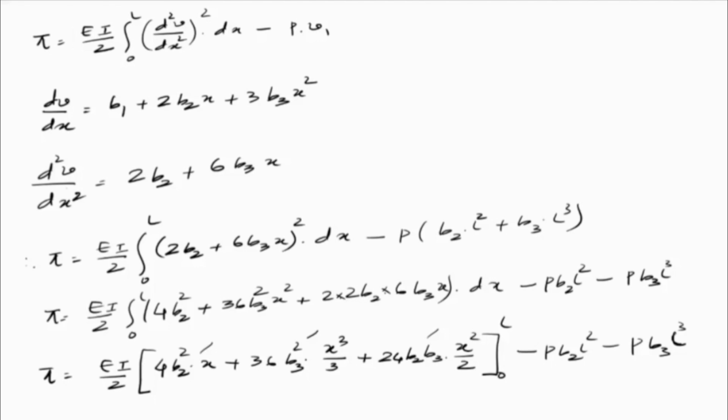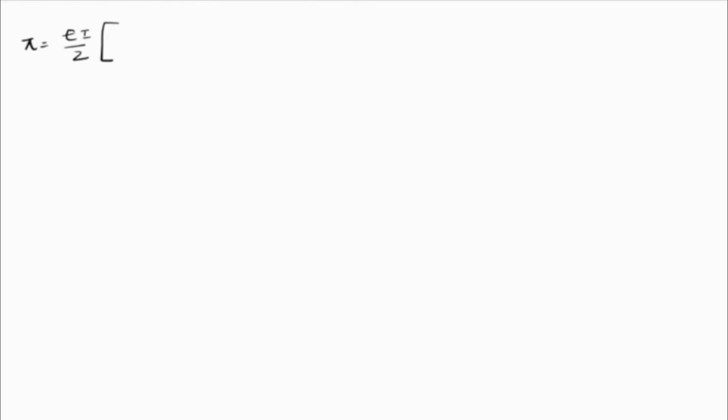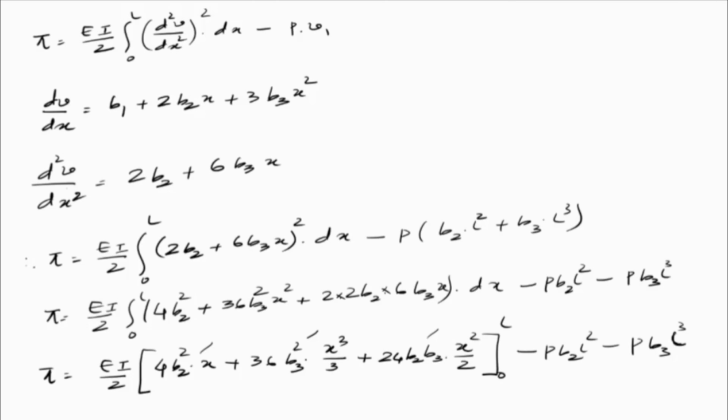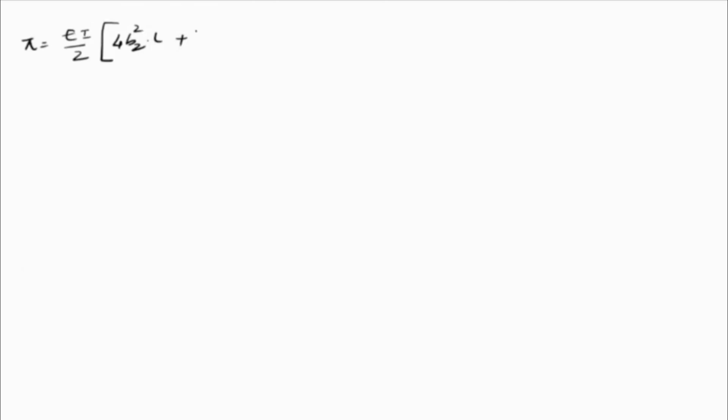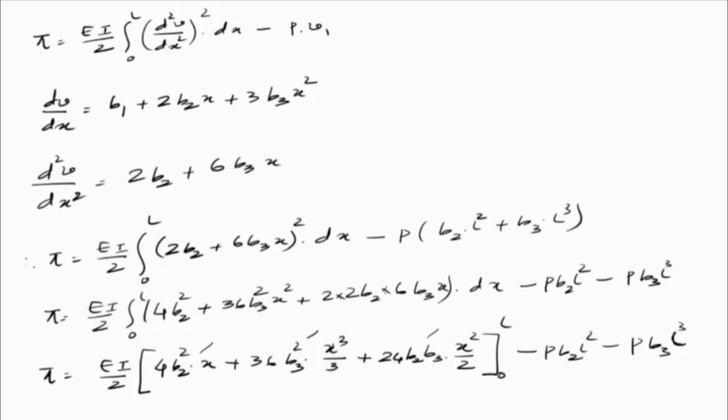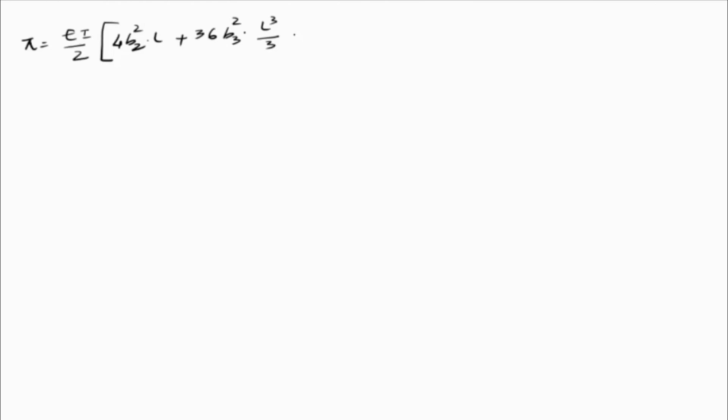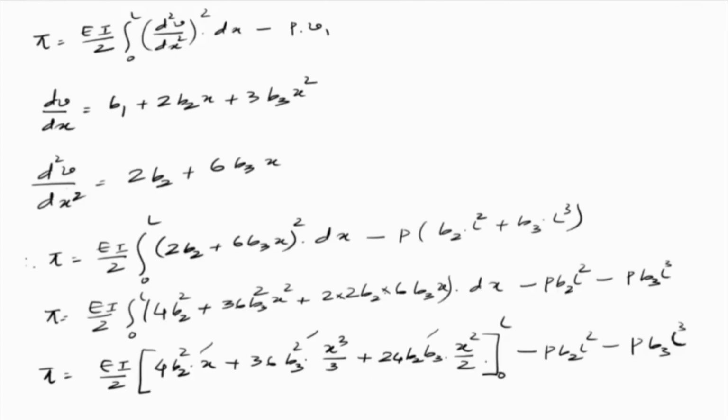What is my first term? 4B2 square into L, where x is replaced with L, plus 36 B3 square into L cube by 3, where x is replaced with L, plus 24 B2 B3 L square by 2. Correct now? Here once again x is replaced with L, giving L square by 2 as it is.